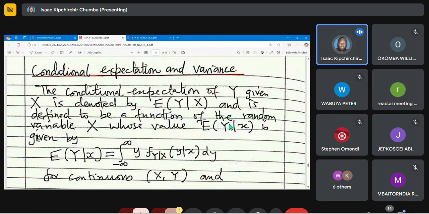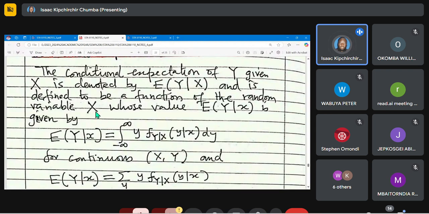It is defined to be a function of the random variable x. When we take the expectation of y given x, we are averaging over y for given x. So essentially, this operator is acting on y for given x, and the result will be a function of the random variable x. This expectation is therefore itself a random variable.